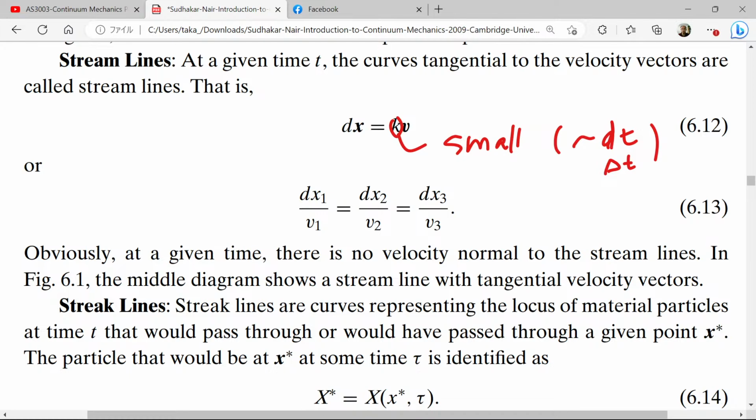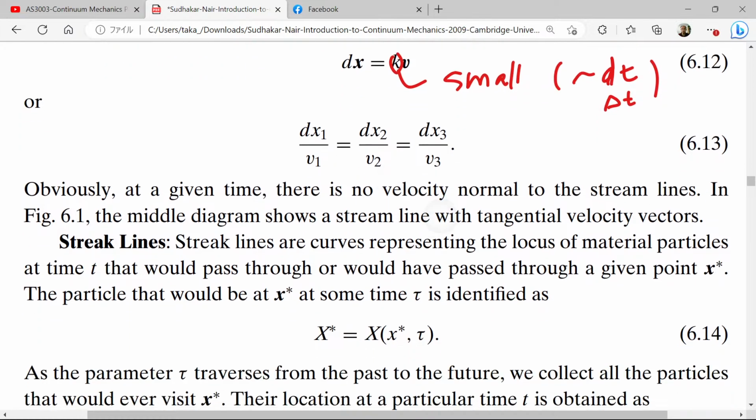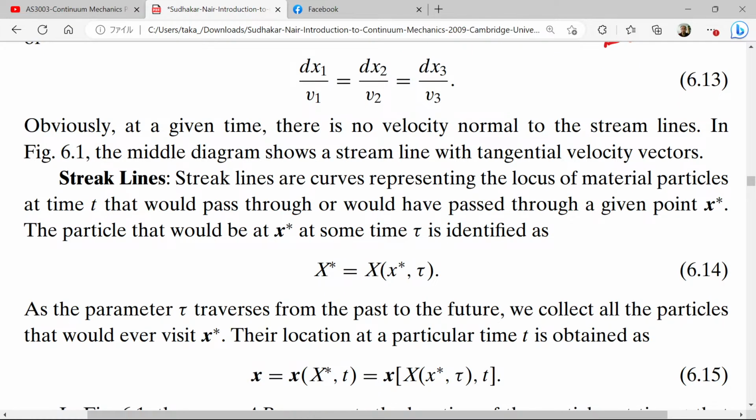Okay. Streak lines are curves representing the locus of material particles at time t that would pass through or would have passed through a given point x star.